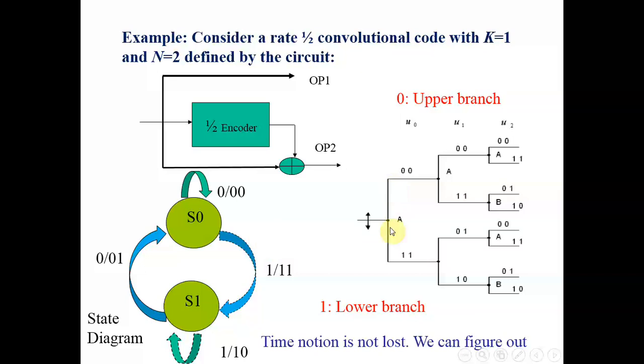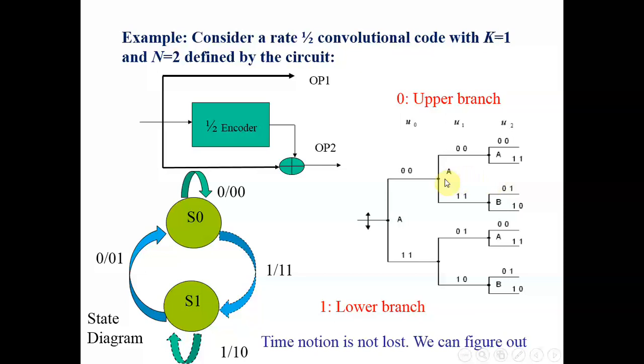And then we have also seen the concept of code tree representation, where again the initial point is A shown in this particular diagram, which can be mapped to state S0. When you receive 0 as an input, your output is 0 0, and you are following the path of upper branch, and when you receive 1 as the input, then you follow the lower branch.